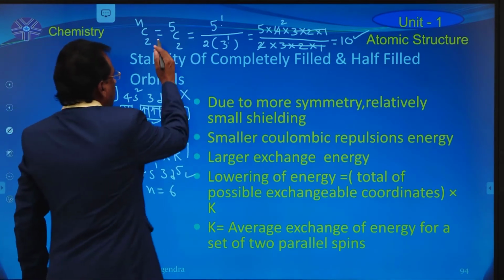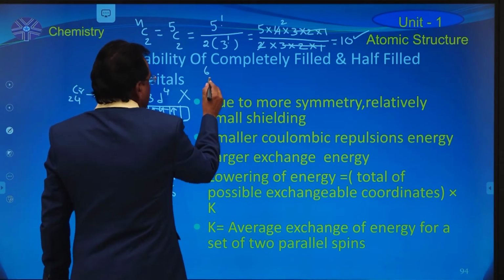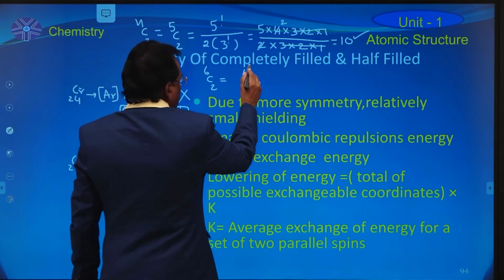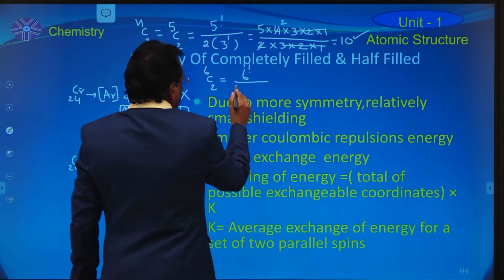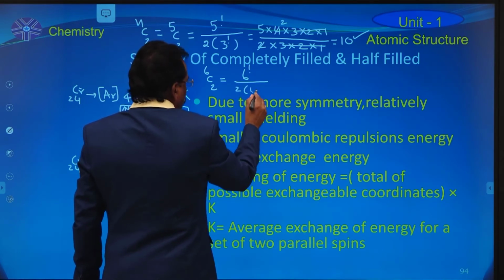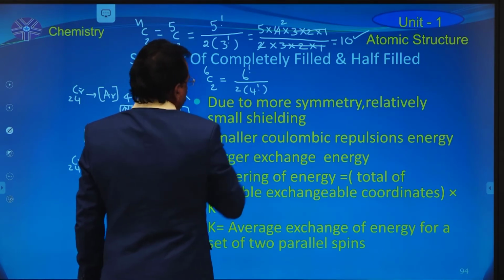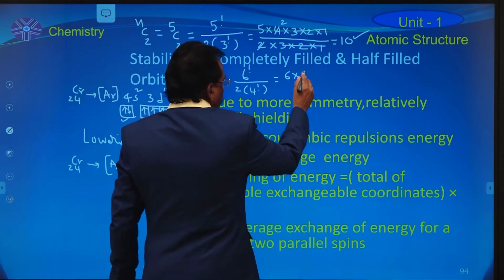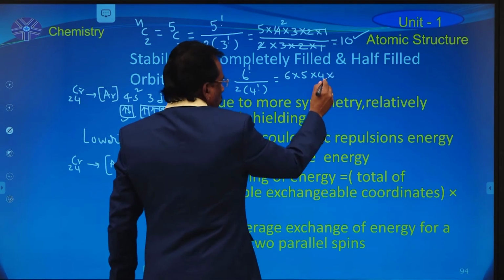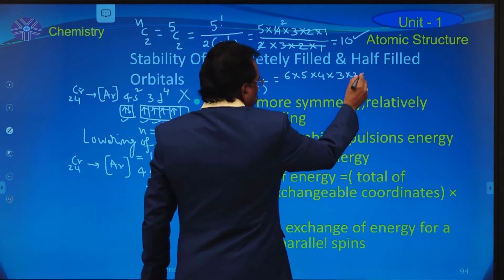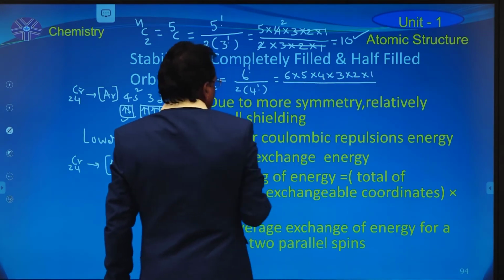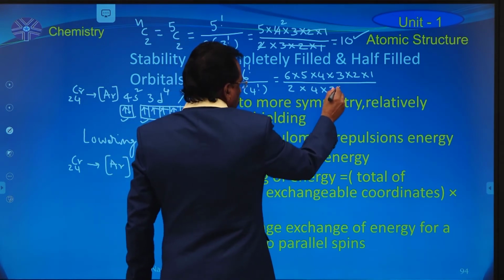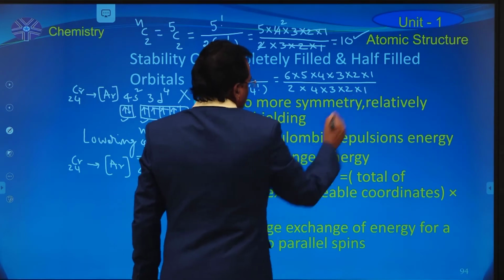Now apply the formula 6C2, that means 6 factorial divided by 2 into 4 factorial, that is equal to 6 into 5 into 4 into 3 into 2 into 1 divided by 2 into 4 into 3 into 2 into 1.